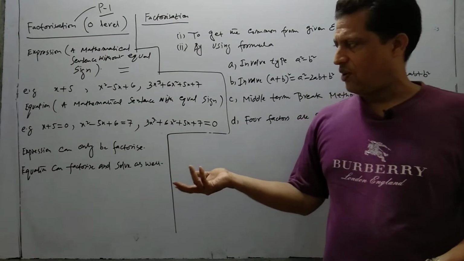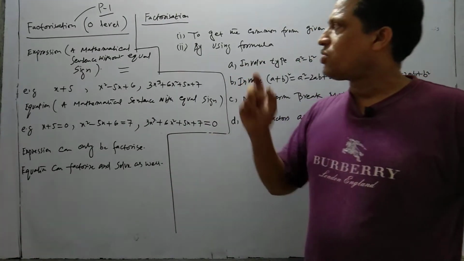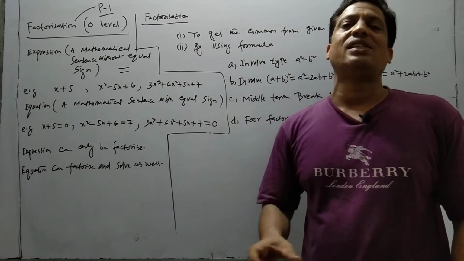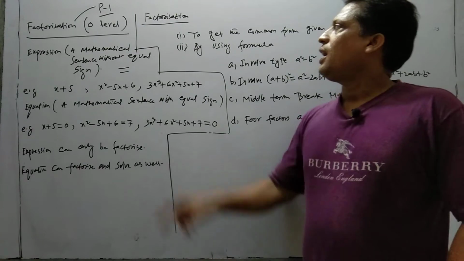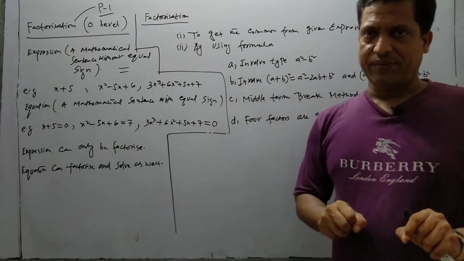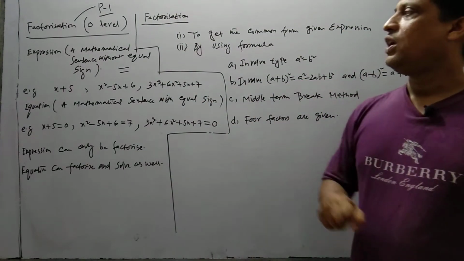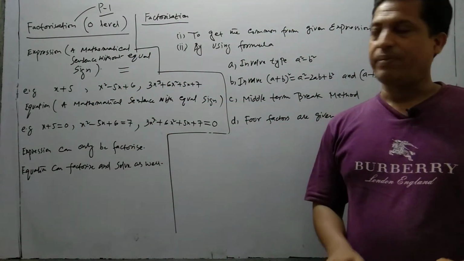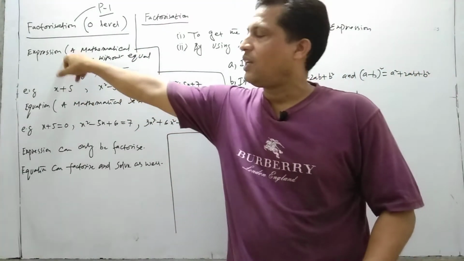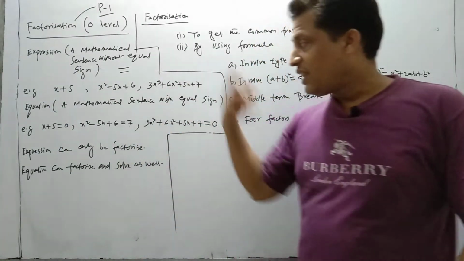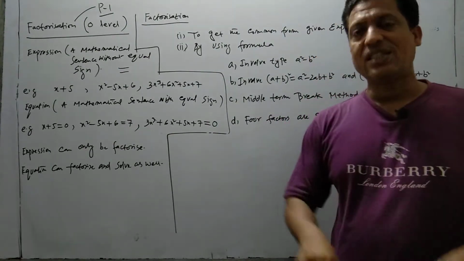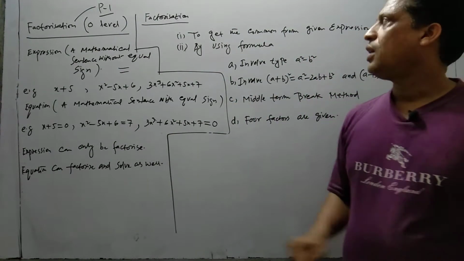So if you see a question in your exam or in past papers, factorize the following, you will definitely see an expression without an equal sign, because without an equal sign an expression can be factorized. But with an equal sign, you will see the words solve the following instead of factorize.